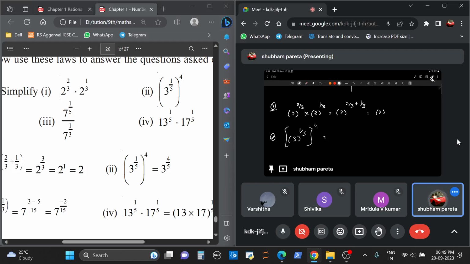So this will be 2 to the power 3/3, which is ultimately 2 to the power 1, isn't it? Yes, sir. I got the answer as 2, sir. Then next 3 to the power 4/5, because 1/5 multiplied by 4, so it is 3 to the power 4/5, isn't it?